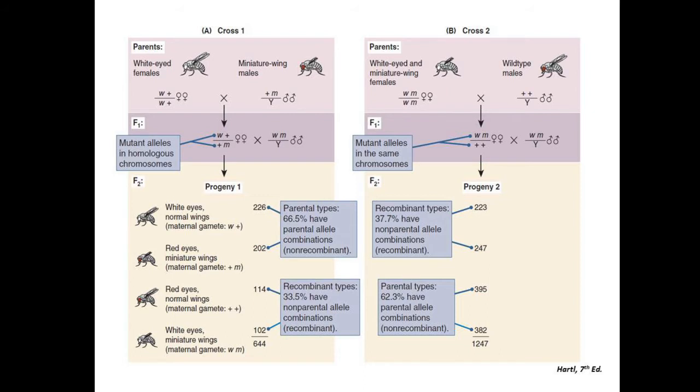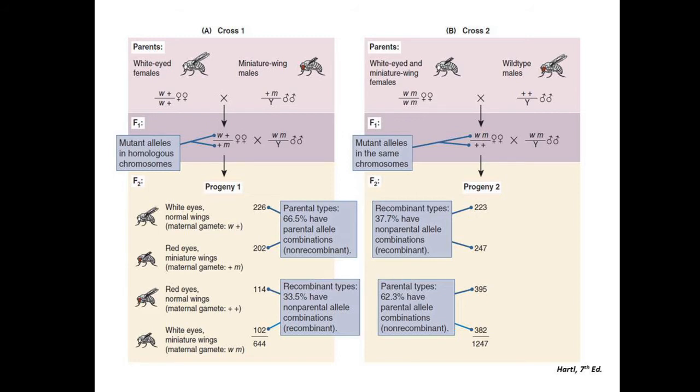Now this configuration happens because one X comes from the mother and another X comes from the father, the male, and one from the female. And in male, that w and m, this is the male counterpart. So in the F1 generation, in all the females of the F1 generation, this will be the allelic configuration, w plus and plus m.